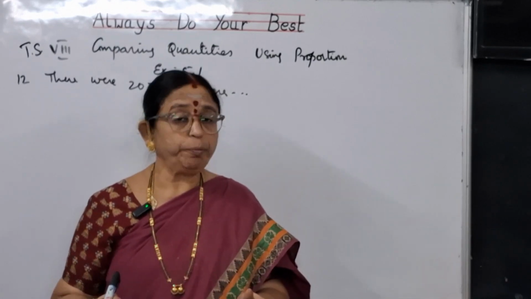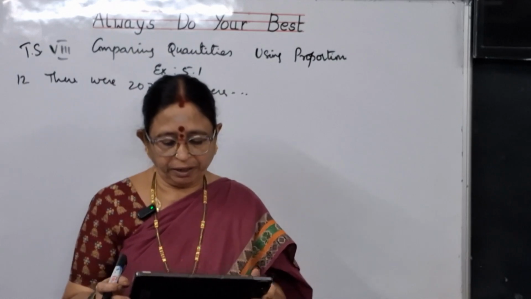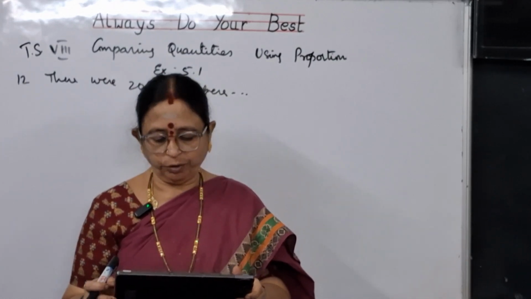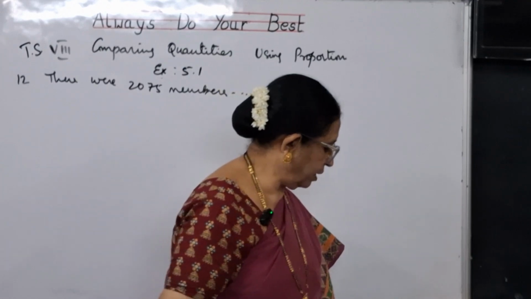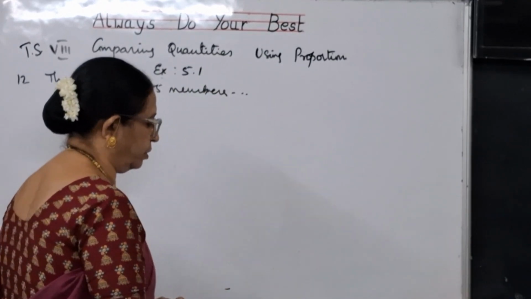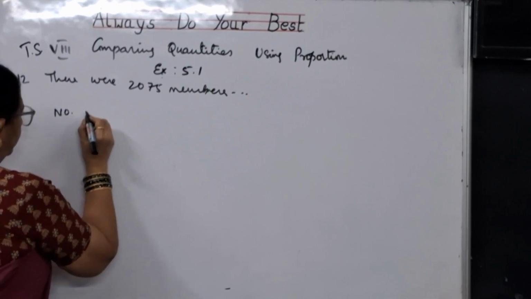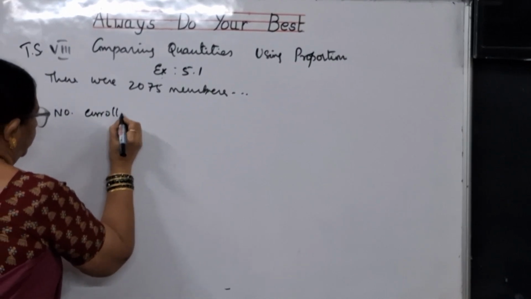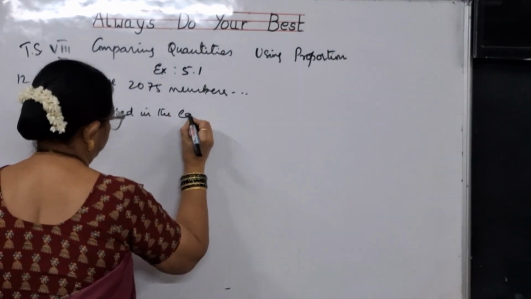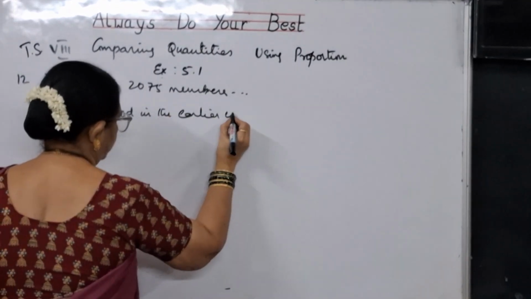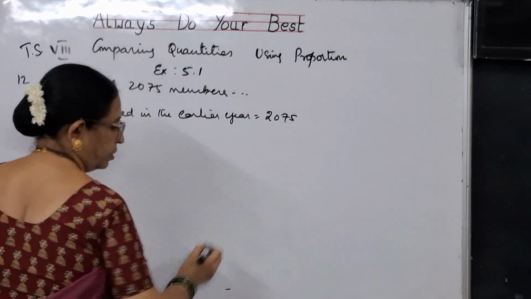So two bits are given here. First one, A, find the decrease in enrollment. B, how many members are enrolled during this year? So, let us write. Number enrolled in the earlier year, last year, is 2075.